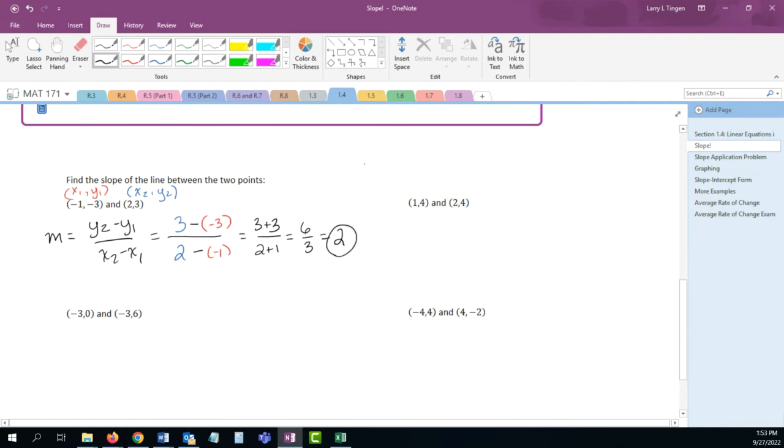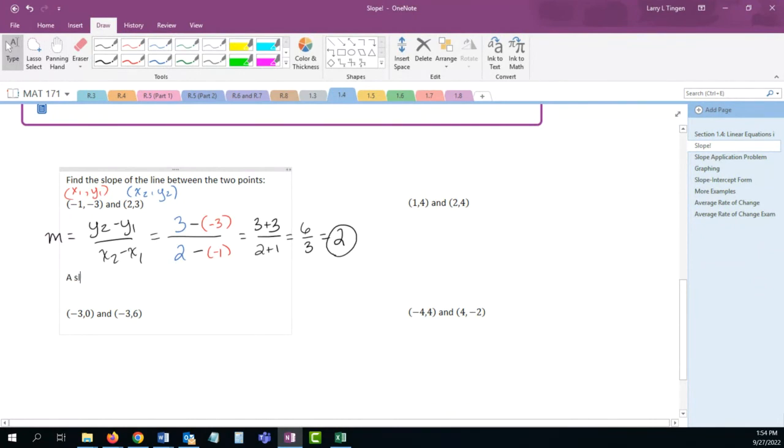All right, what does that mean? That is the change in y over the change in x. So a slope of 2, we have to remember that all numbers can be rewritten as fractions.